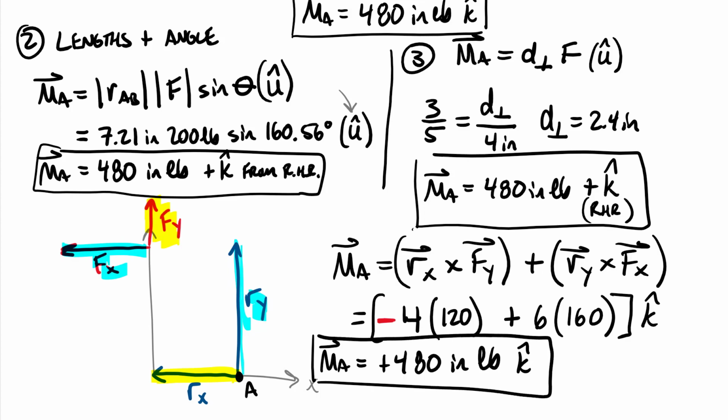Okay, so 4 different ways to compute, so this is number 4, to compute the moment around point A. I think that the easiest one for this 2-dimensional problem is this one here. But if you love spatial computations, you may think that number 3 was easiest.